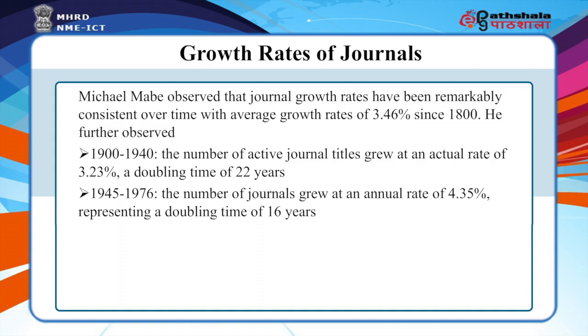In the period from 1945 to 1976, the number of journals grew at an annual rate of 4.35%, representing a doubling time of 16 years. And since 1977, the number of journals grew at 3.26%.